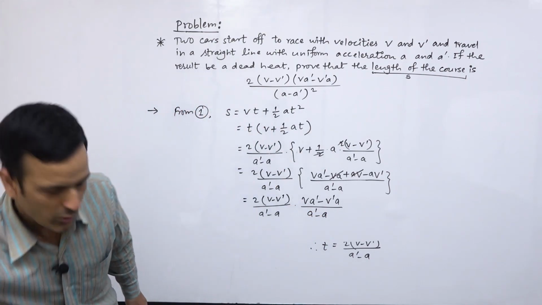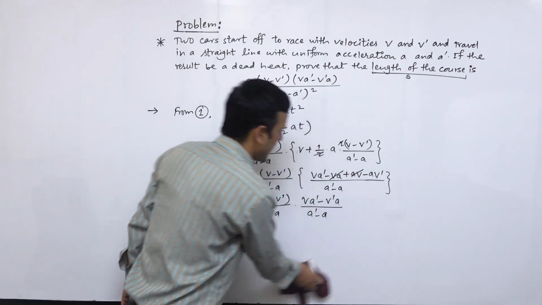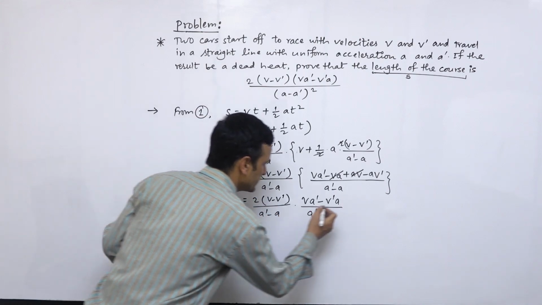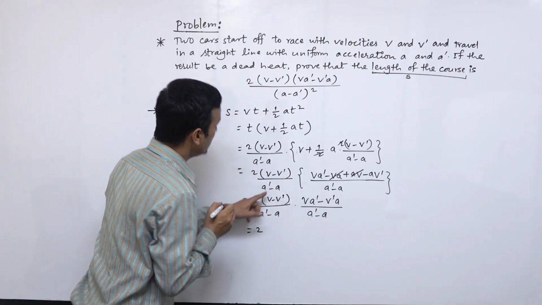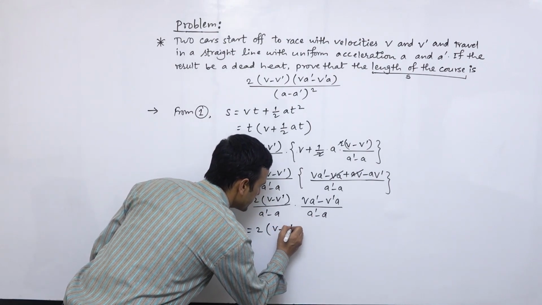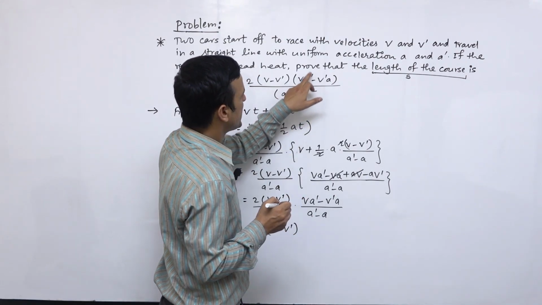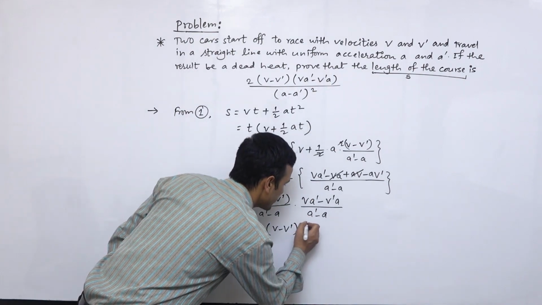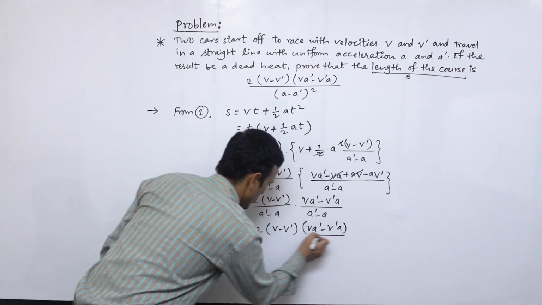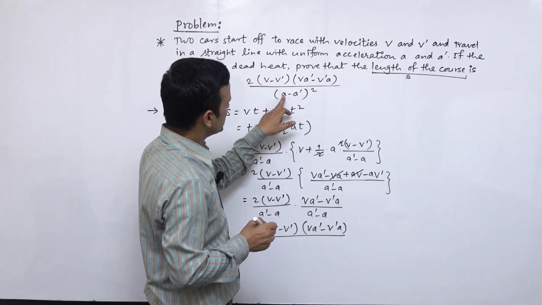So now we can arrange the term like this. So 2 is also here, 2 is also here. We have b minus b dash, this also term, b minus b dash, and we have b a dash minus b dash a, also we have this term minus b dash a whole divided by, here is a minus a dash.